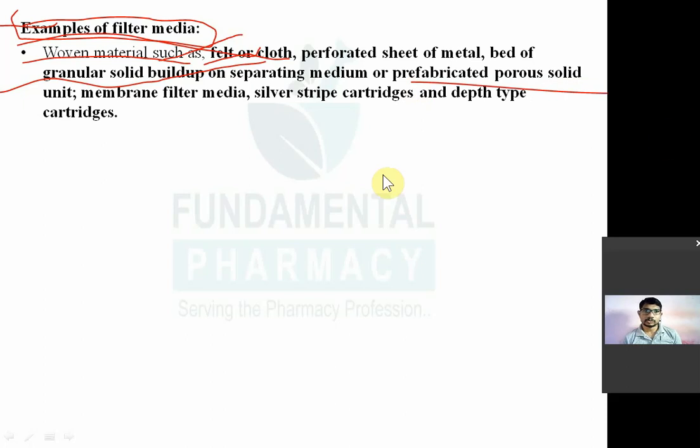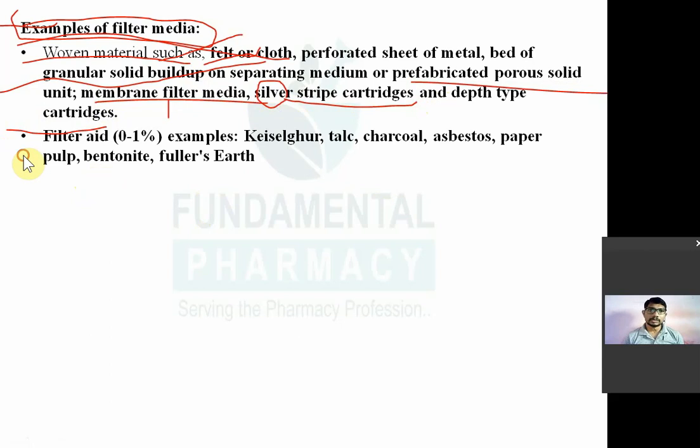यहाँ पे याद रखो कि filter aids they are used in a small concentration, that is 0 to 1% weight by weight. Examples of filter aid: Kieselguhr, talc, charcoal, asbestos, paper pulp, bentonite is a clay, then fuller's earth.